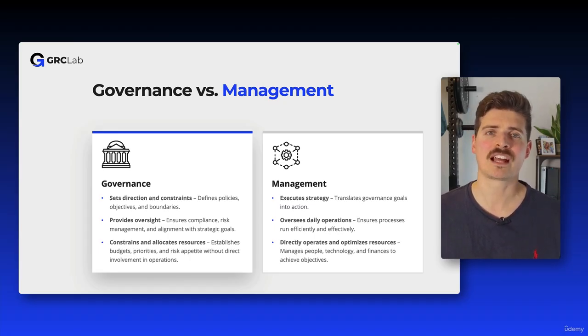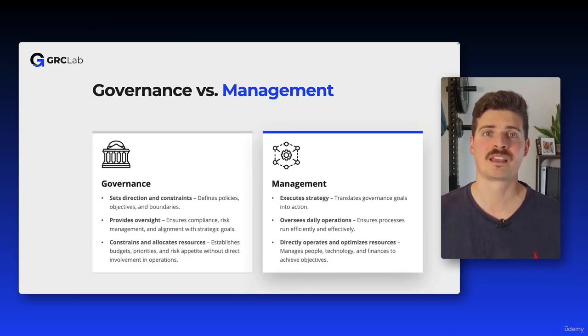You can think of governance as creating the framework within which decisions are made. So it's all about oversight and not the day-to-day execution. Governance is typically the responsibility of boards of directors or similar governing entities.